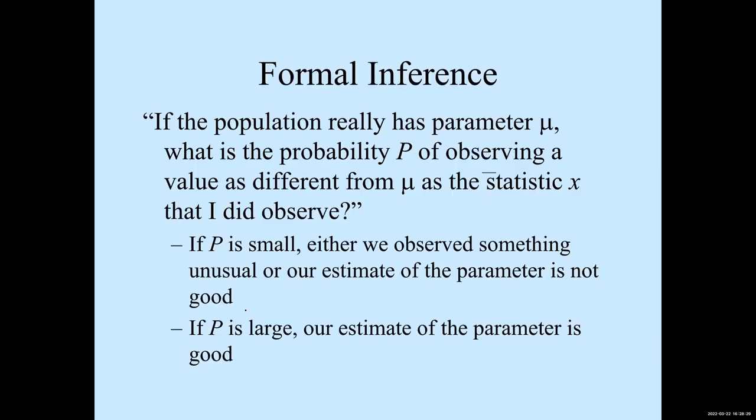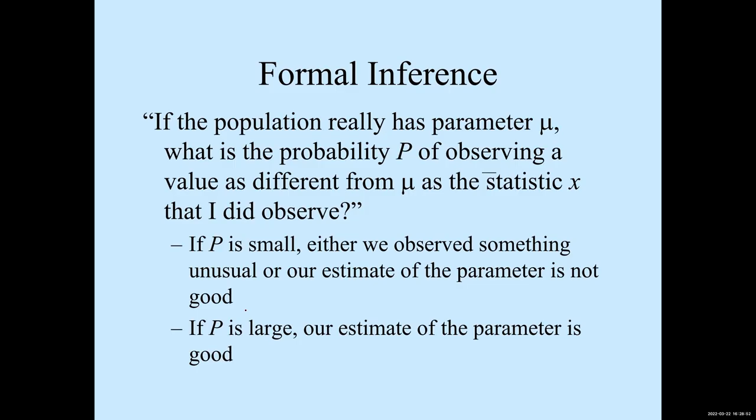All right, so what we're doing when we do these hypothesis tests is we're saying, okay, I'm going to set up a scenario where I'm going to assume the population really has this parameter. What's the probability, capital P or little p sometimes, of observing a value as different from mu as the statistic X bar that I did observe?